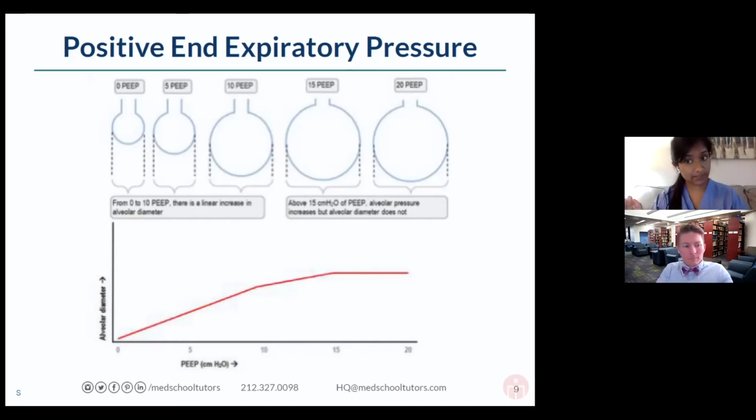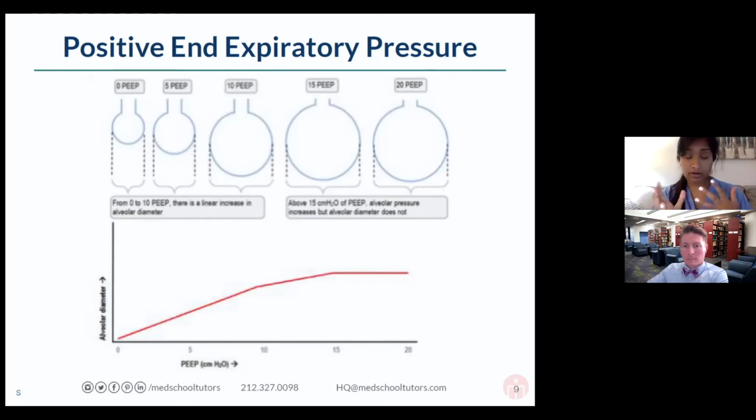So once we get to a certain point of PEEP, so you see on this slide we have 15 of PEEP here, right? Once we get to a certain point, they can only expand so far. The balloon's not going to continue expanding forever. There's a point at which the tension is held within the wall of the balloon, the wall of the alveoli, with the more PEEP that you give.